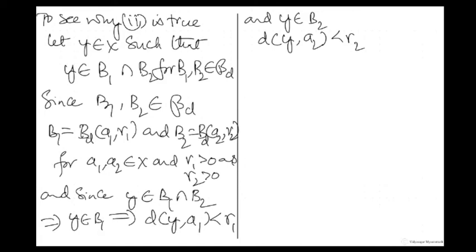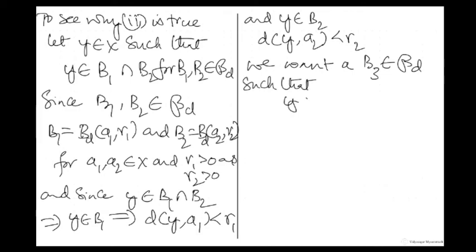Now what happens is that we want a B3 in B_d such that y belongs to B3 and B3 is contained as a subset in B1 intersection B2.